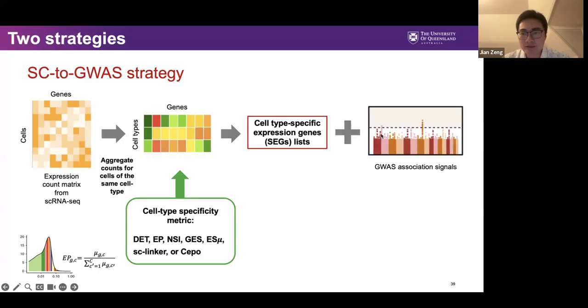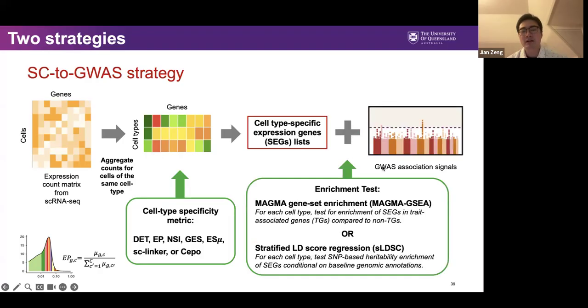And then we are ready to integrate with the GWAS association signals to implicate the cell type relevant to the trait. And there are two main types of methods to integrate with the GWAS association signals. One is at the gene level, the MAGMA gene set enrichment.